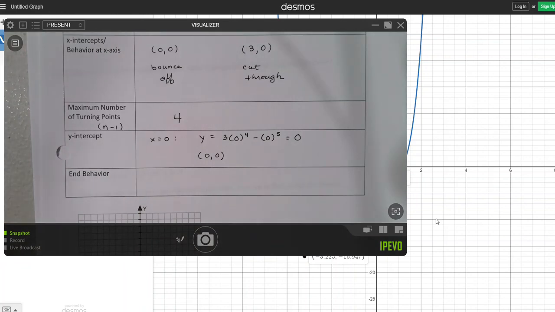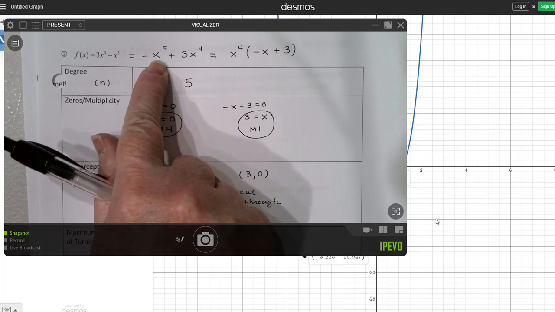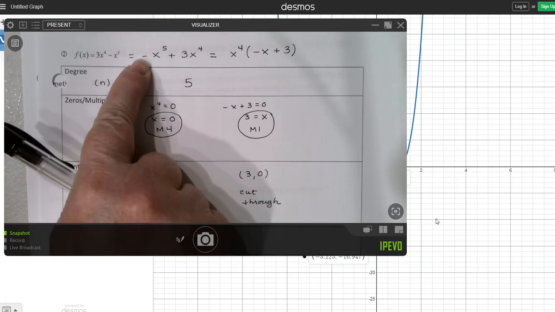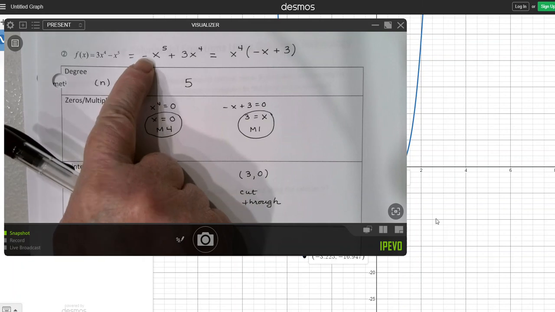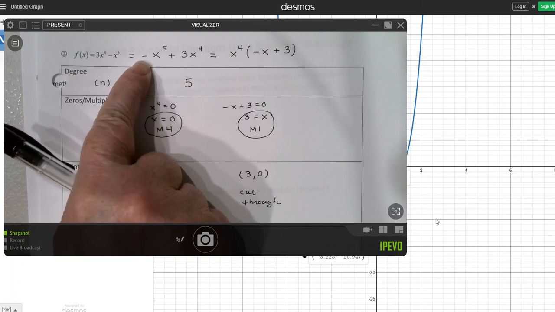And in terms of my end behavior, the degree is 5, but notice that there's a negative multiplier in the front here. So I'm actually going to have an odd degree. It's going to be like x to the 5th, but reflected across the x-axis.